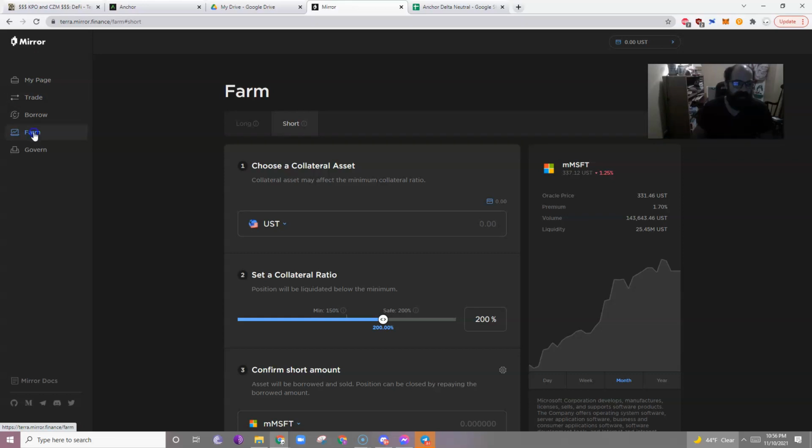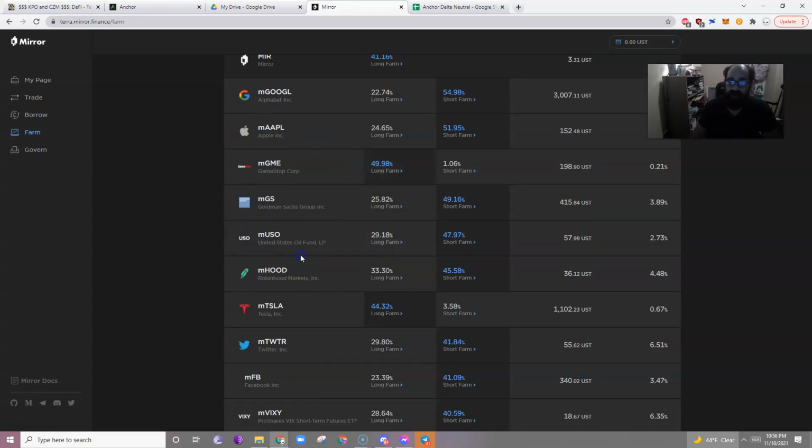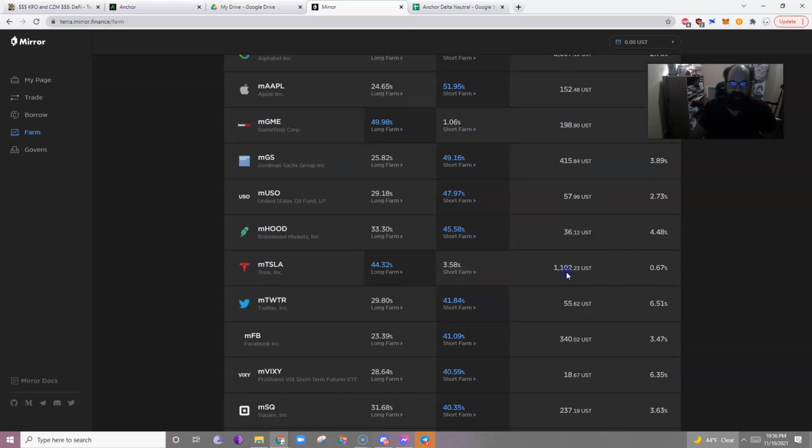So you'll go over to Farm, for example, and you'll look at one of these stocks that you like the short farm for. Maybe Goldman Sachs, right? Really nice short farm. But technically you're going to have more money in the long farm, so you want one where you're a little bit more exposed to the long farm APR than you are the short farm.